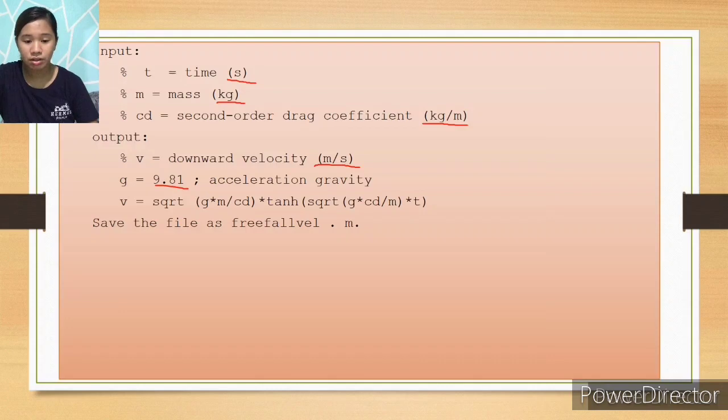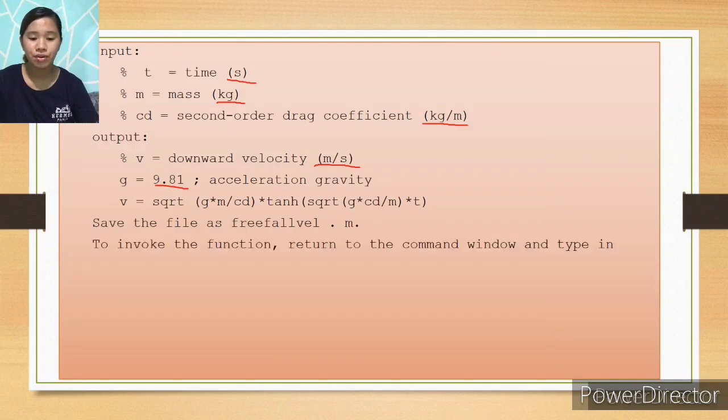So v is the square root of g times m over cd, times tangent of the square root of g times cd over m times t.